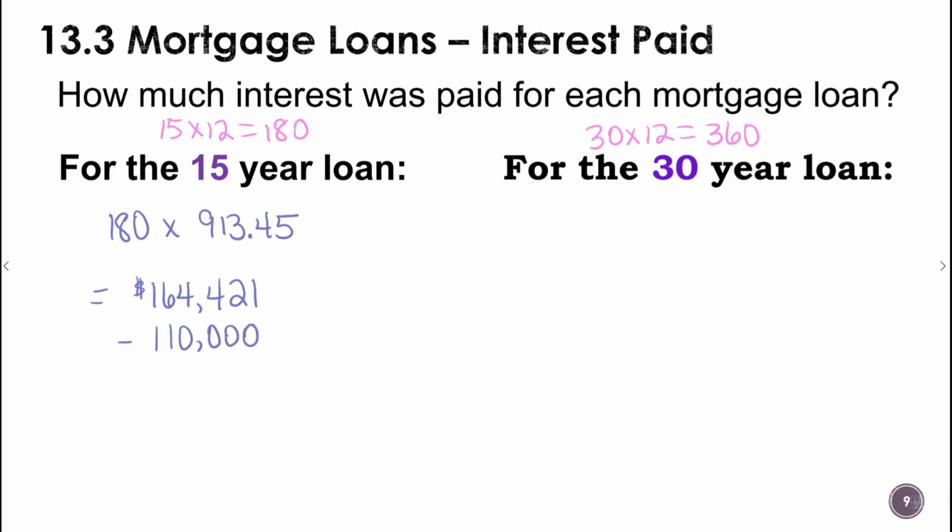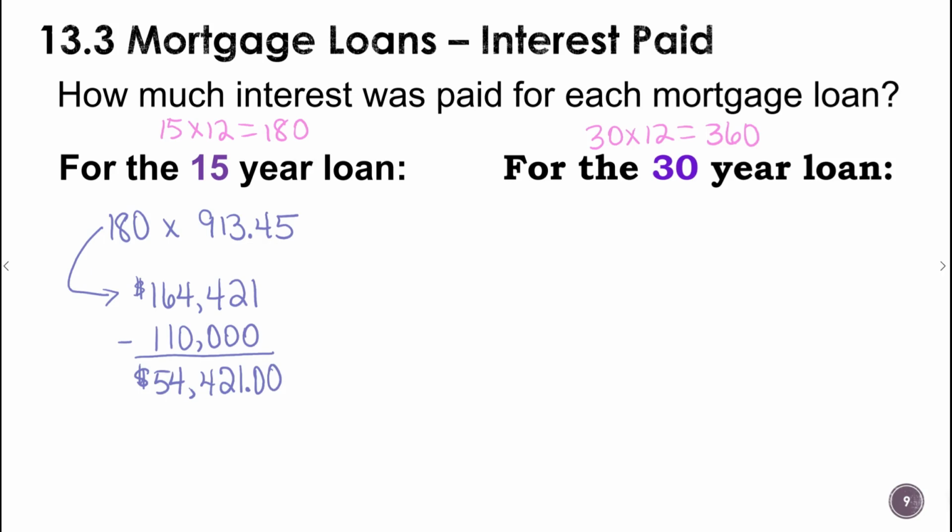Okay, so multiply the payment amount by the number of payments, and then take that number and subtract the amount you borrowed, and your interest amount for this loan is $54,421. And it was 0 cents. So I'll go ahead and write that one in the proper way.